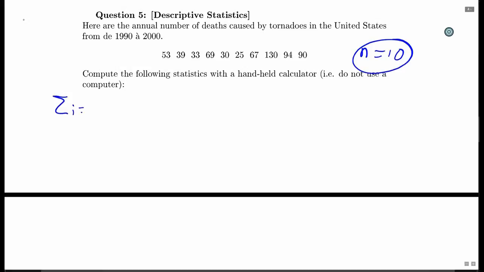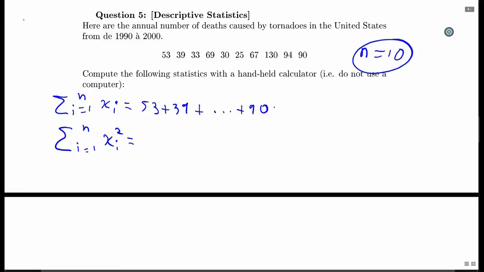Okay, and so we'll start with the computation of two sums. I'm going to do the sum of the n values, and then I'll also do the sum of the squares. We have 53 plus 39 and so on, right up to 90. As I add them up, I end up with 630.